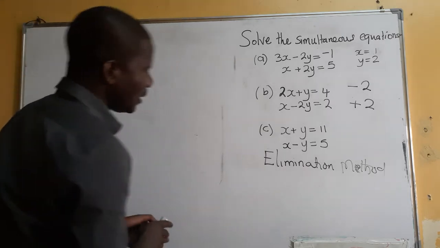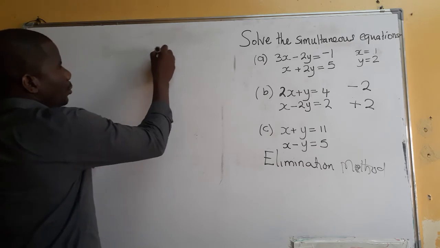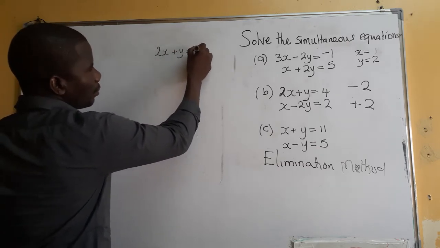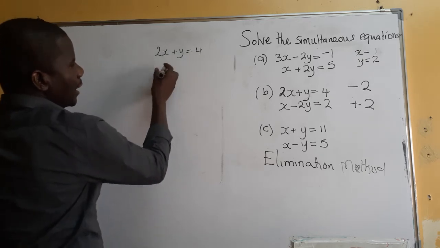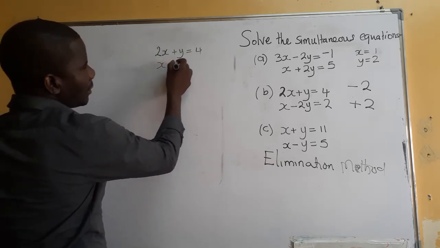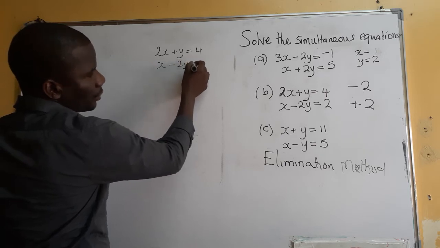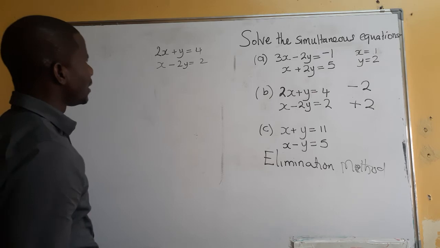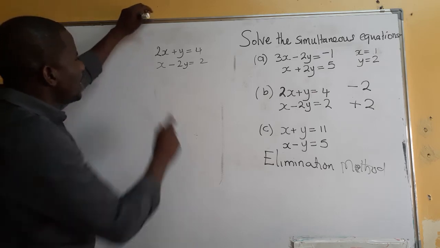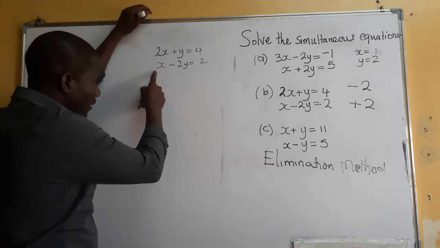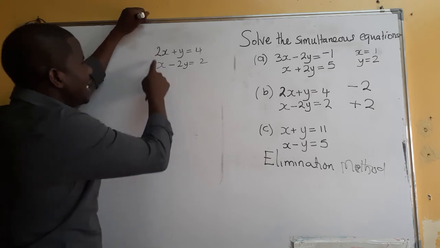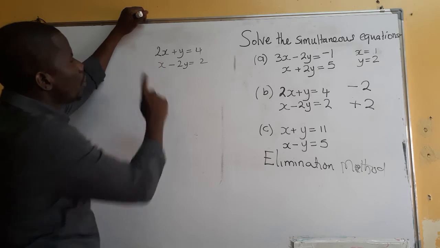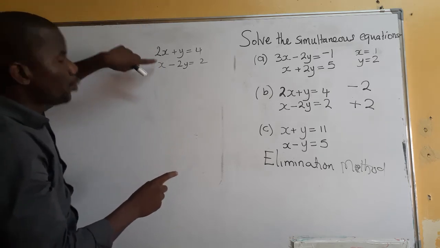So what I mean is we get 2x plus y is equal to 4, then x minus 2y is equal to 2. The point I'm trying to say is that if we want to eliminate x, we should make sure that the x here should also have a coefficient which is what? 2.